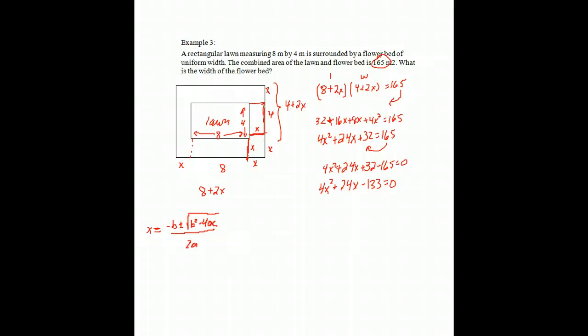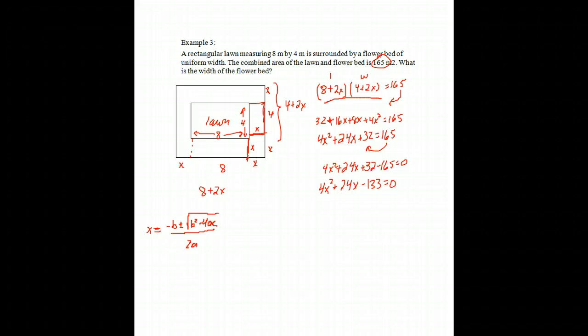Now the quadratic equation has been simplified. It's been multiplied out here, and we brought the 165 back over. So we have 4x squared plus 24x, subtract 165, that became negative 133. Now there is no common factor here. It can't be divided by 4, it won't work.